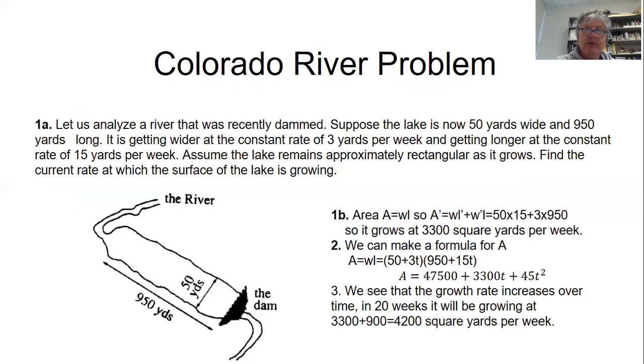Okay, another problem. So let's consider the Colorado River. If you've ever been to the Grand Canyon, you've seen the Colorado River. It also flows to the Gulf of California in Baja California in Mexico.